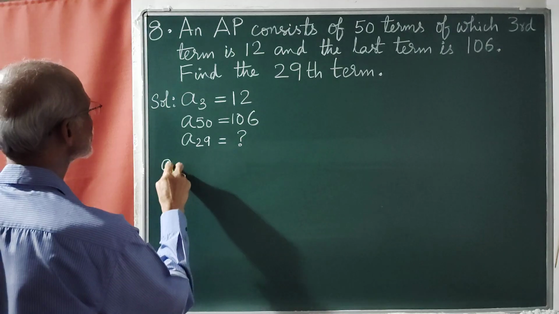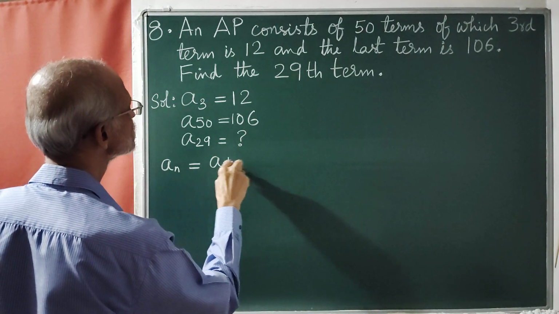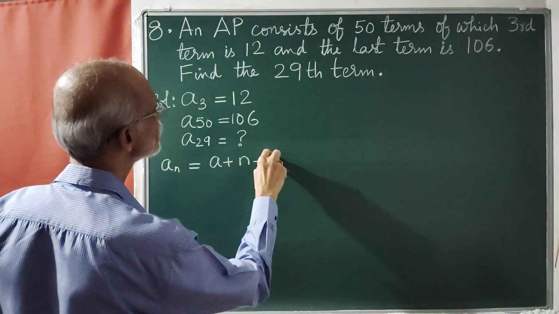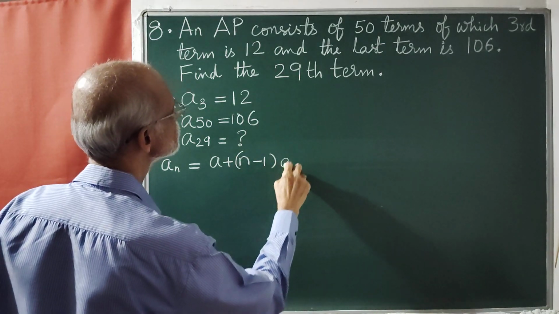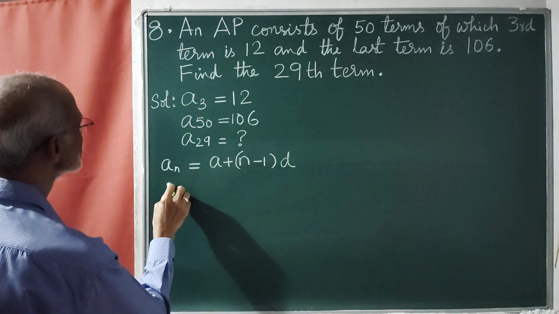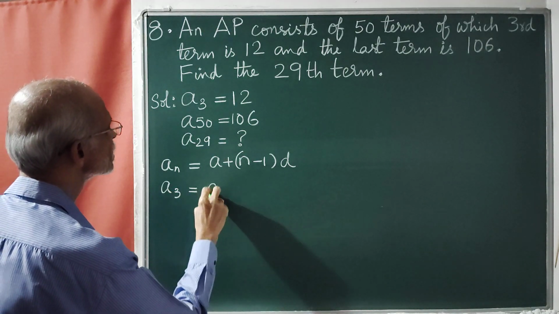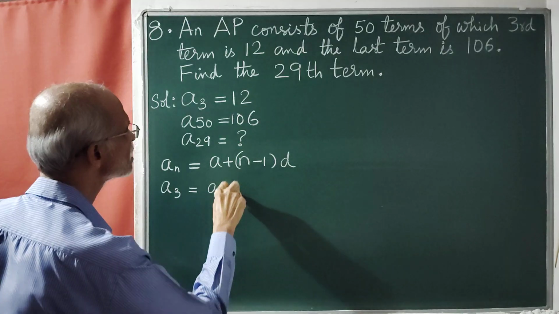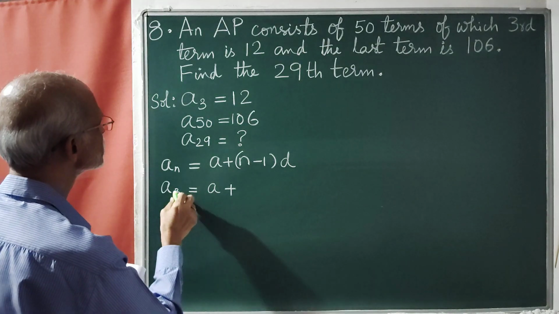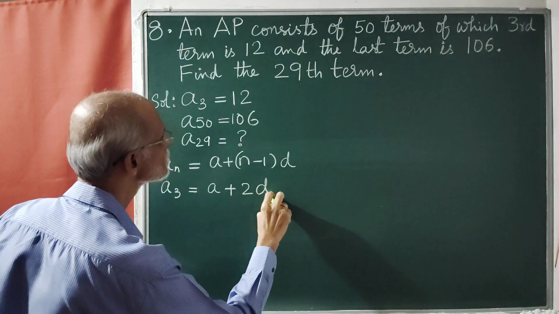So an is equal to A plus n minus 1 into D. So A3 will be equal to A plus n minus 1, that is 3 minus 1 is 2. So A plus 2D.